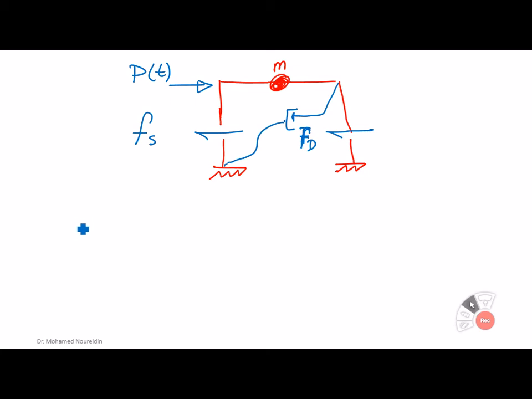So based on this, from the equilibrium equation, we can say that P of t is applied to the right, minus the damping force. As we said, it is opposite to the motion of the system.